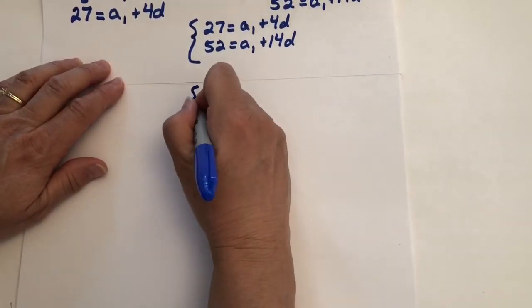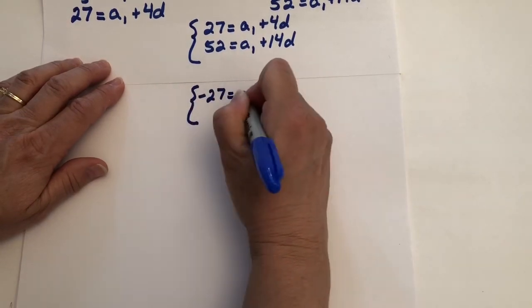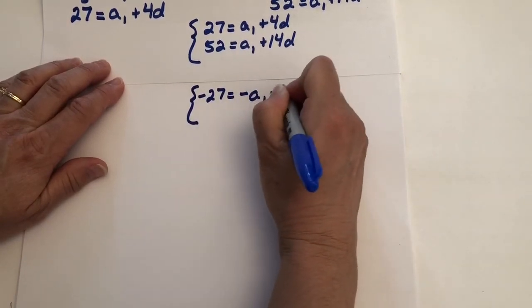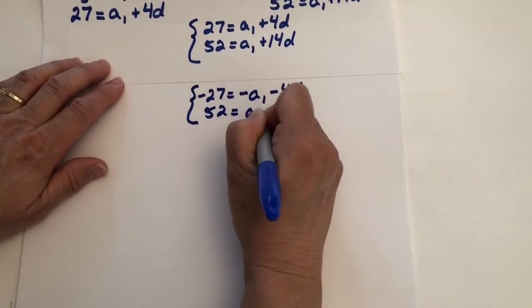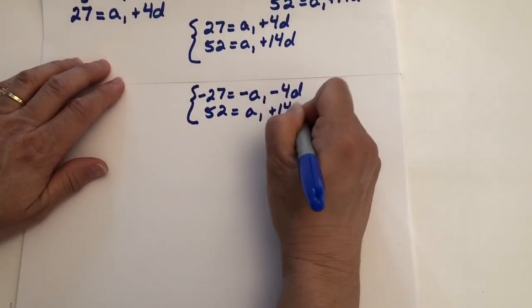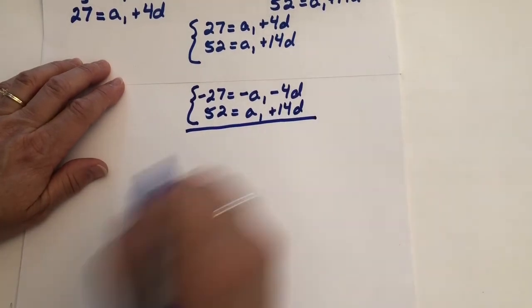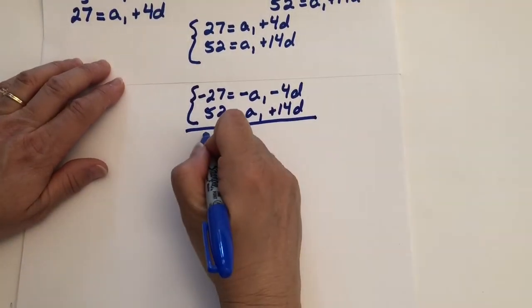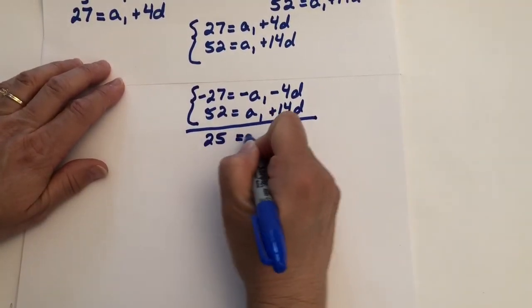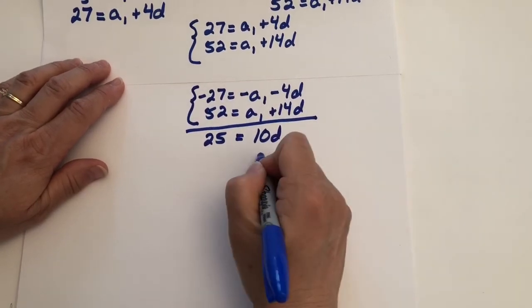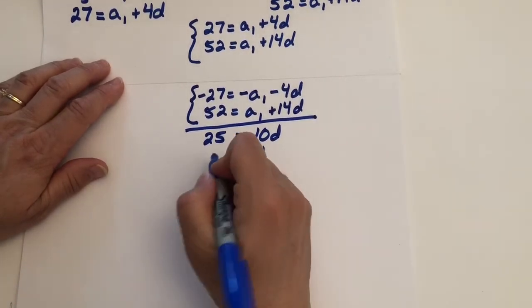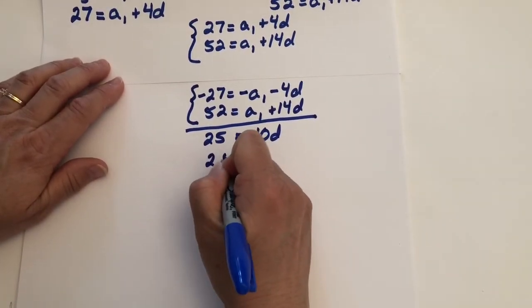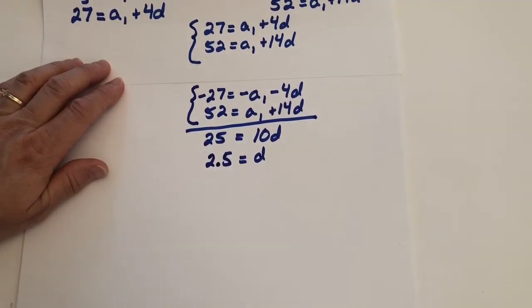So I'd have -27 equals -a sub 1 minus 4d. And 52 equals a sub 1 plus 14d. And when I add those two equations, I have 25 equals 10d, or d equals 25 over 10, which is 5/2, or 2.5. That's an exact value, 2.5. I think I'll leave it as 2.5.